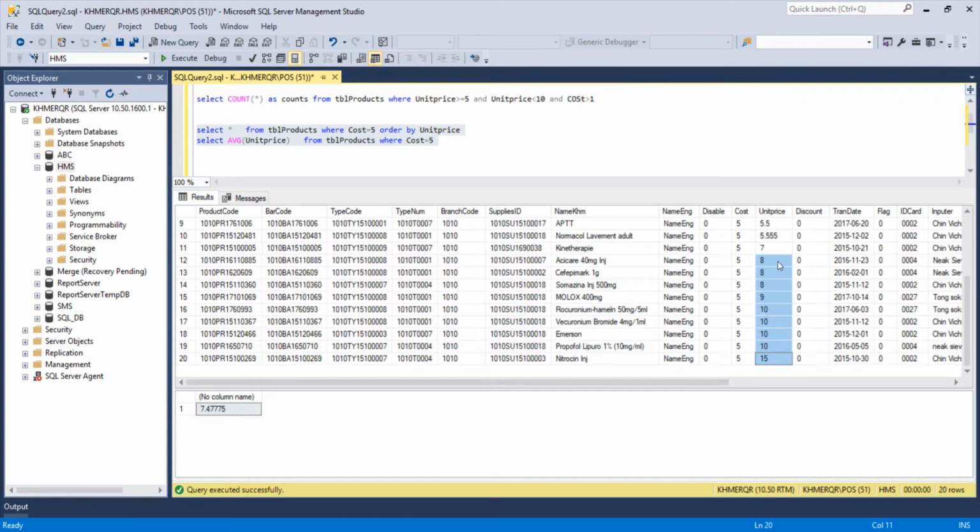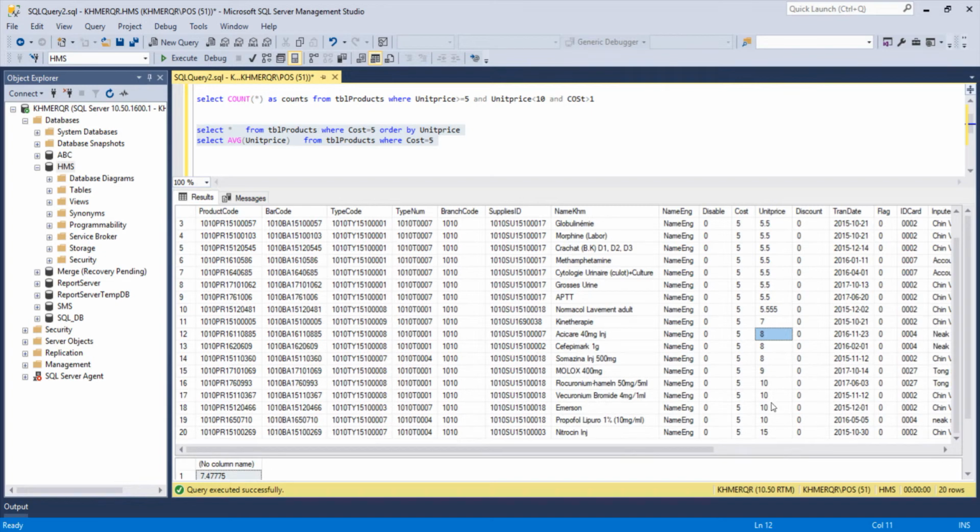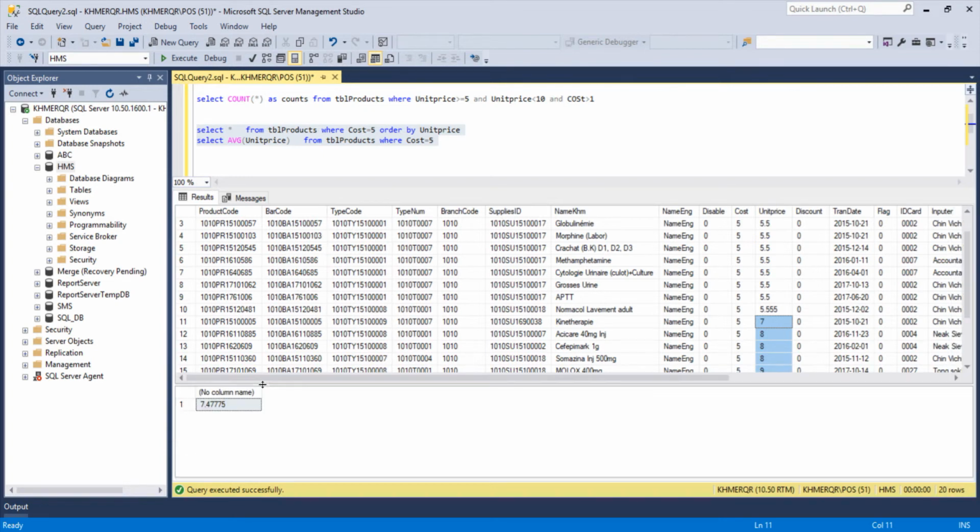So here you see 7.47. We need only 2 digits after the point. Between the values, the biggest is 15. So the average is 7.47.